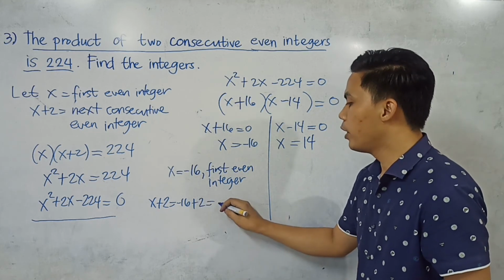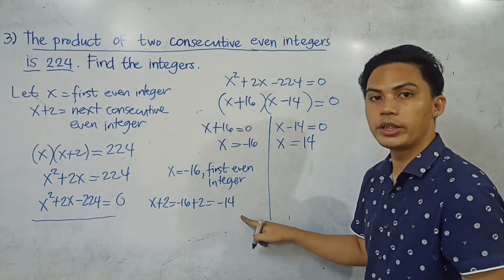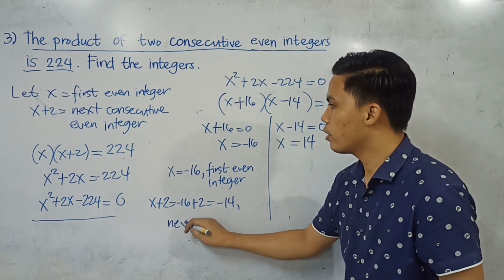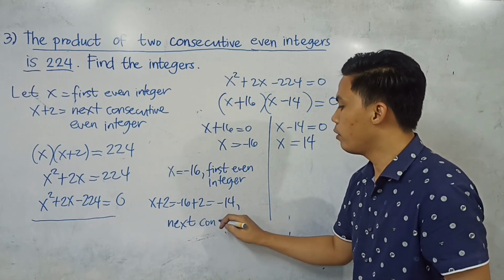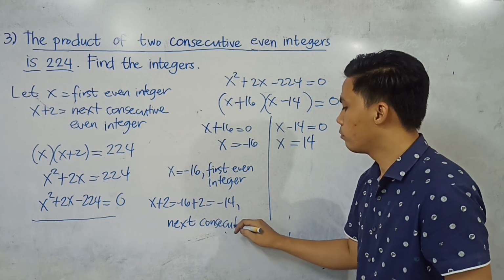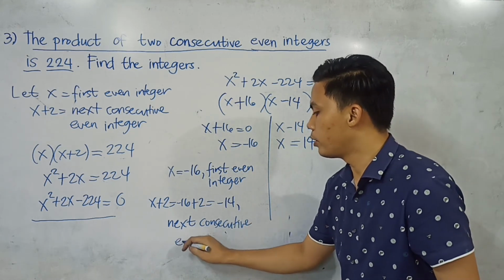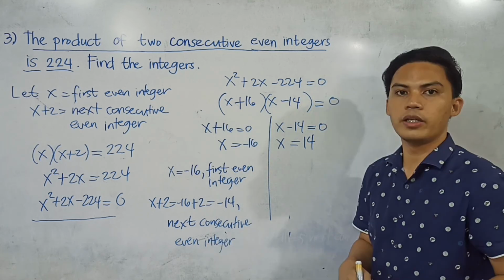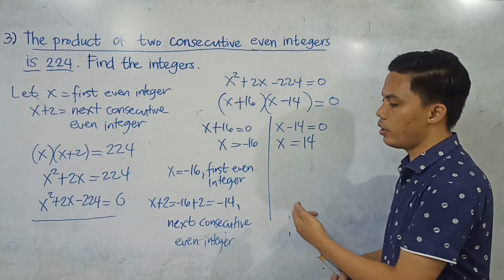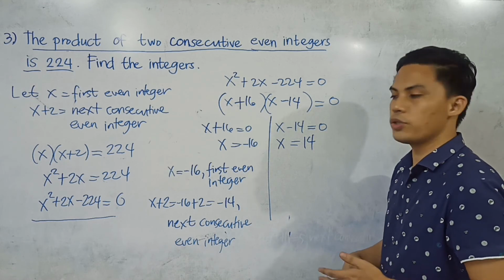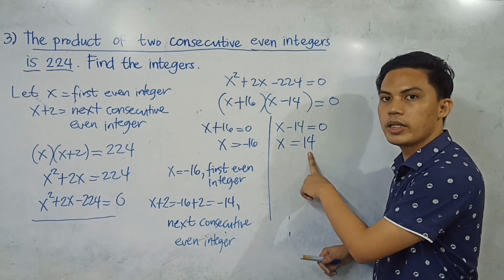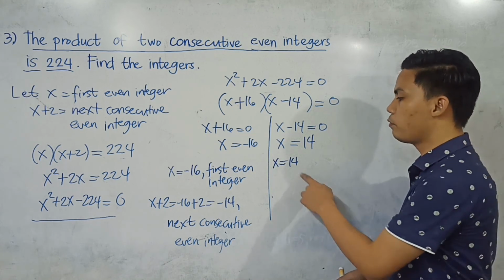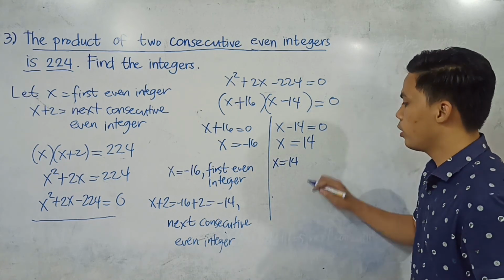We will have negative 14. So negative 14 is the next consecutive even integer. Aside from negative 16 and negative 14, we can also consider positive 14 as the answer. So we can consider also positive 14 as one of the answers.